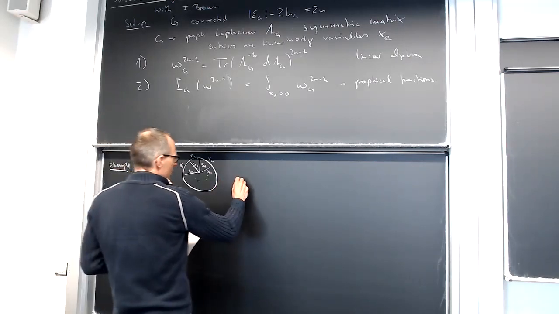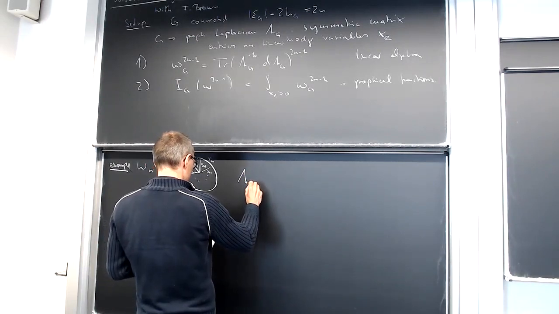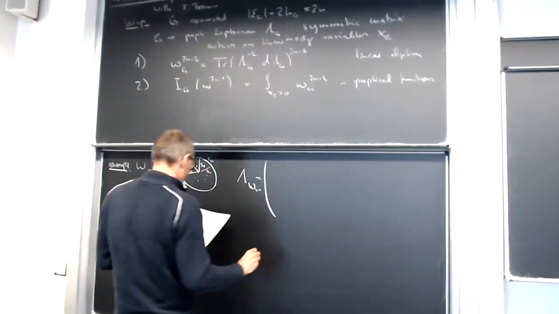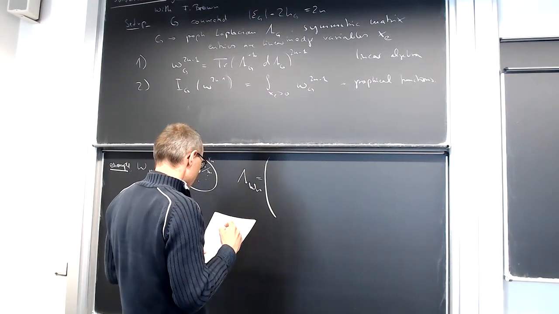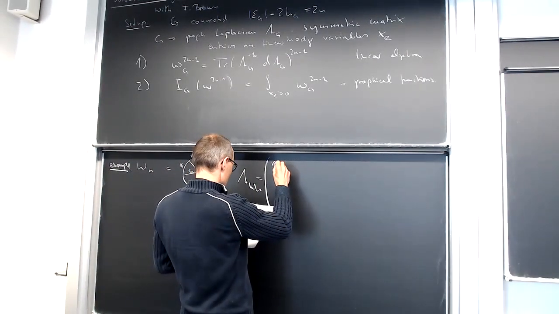And then we calculate this graph Laplacian of the wheel. And this gives a matrix. It depends on a choice of a cycle basis, or maybe it's a dual graph Laplacian, then it depends on a choice of a vertex.